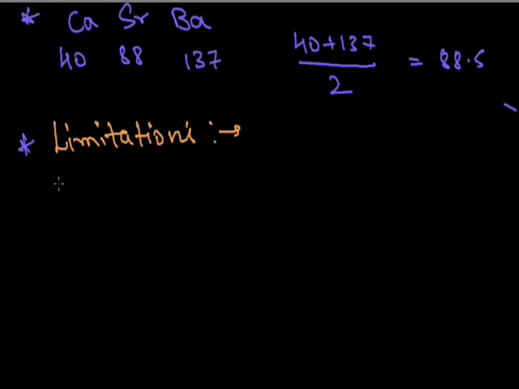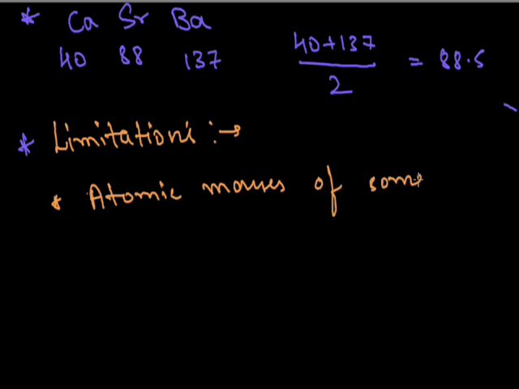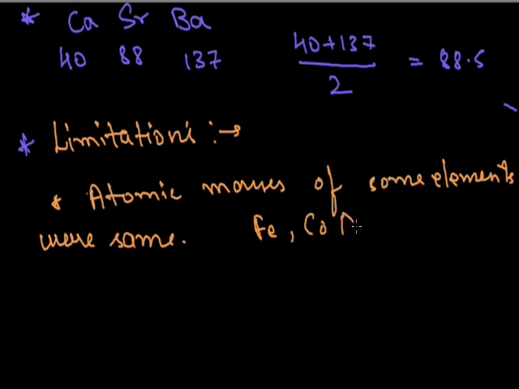He made many triads in which the atomic masses of some of the elements were the same. An example is iron, cobalt and nickel.